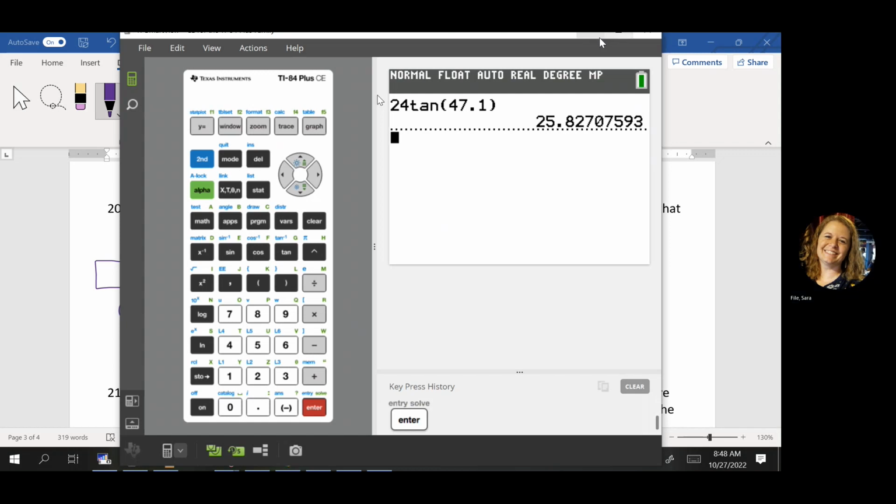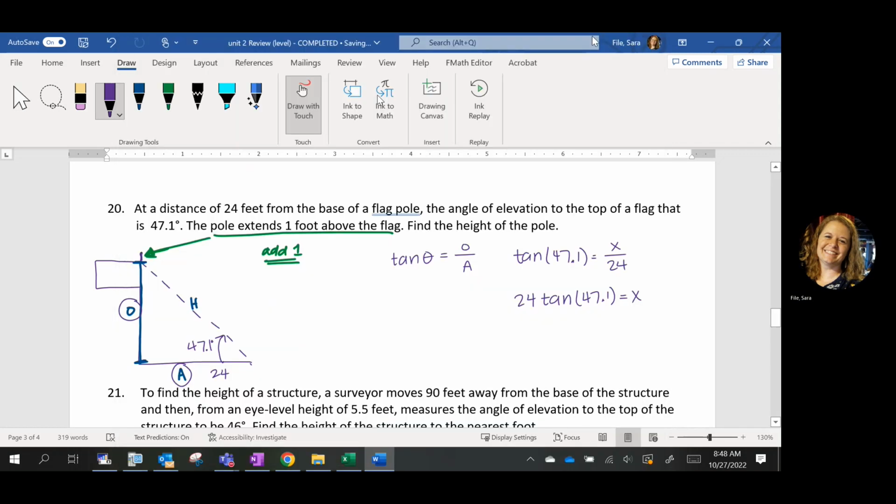25.827. And they want, oh, they did not tell us what to round to. So let's just keep it thousandths. Okay, make sure on the quiz you are told specifically what to round to.